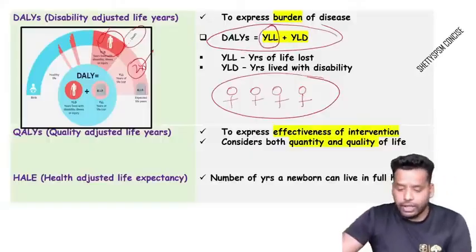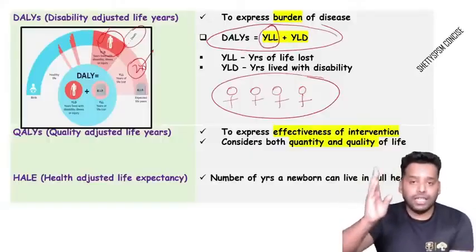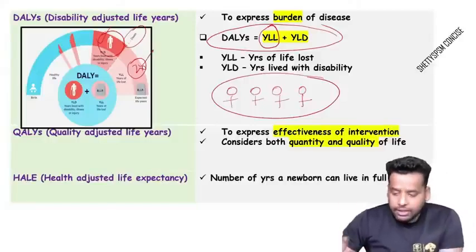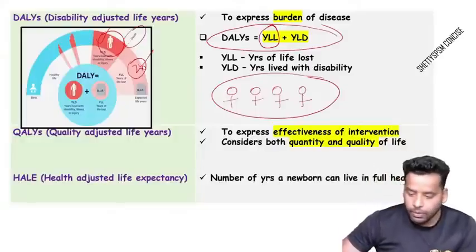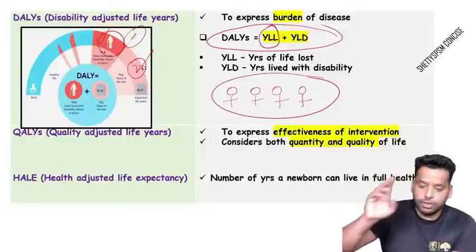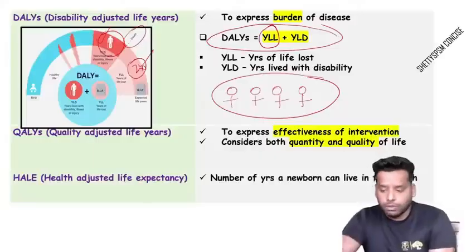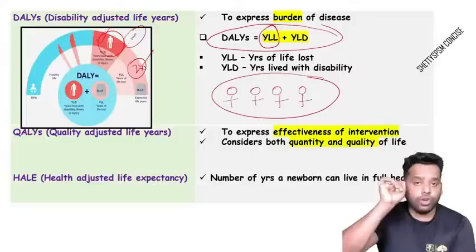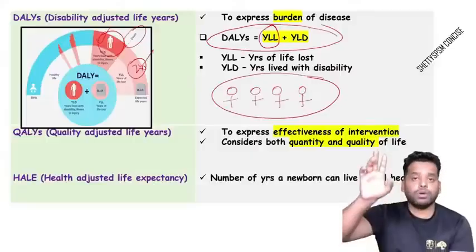Which indicator will indicate you are not reaching the limit? YLL, very good. Years of life lost due to premature death.